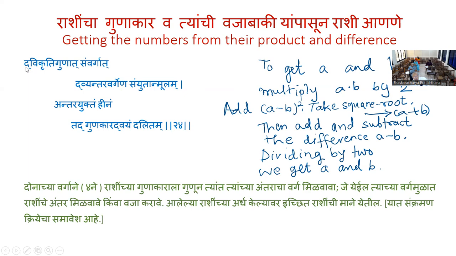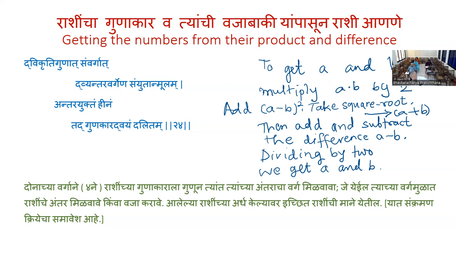You have taken first of all 4 times ab and then add this (a minus b) square, and then we know we are getting the square of a plus b. He doesn't say that; he just says that once you add, you take the moolam, which means the square root of that. So that square root is a plus b.